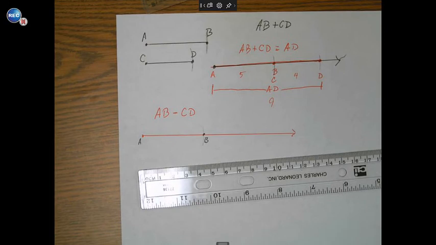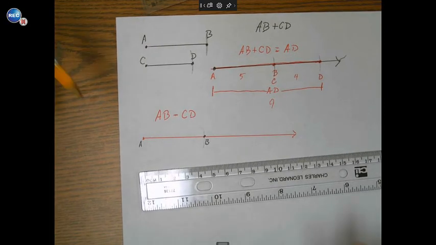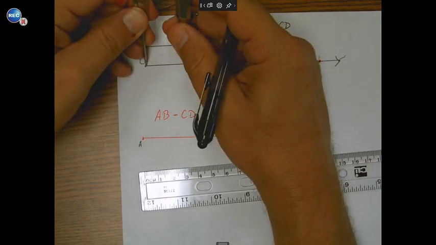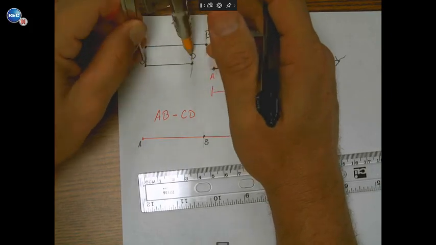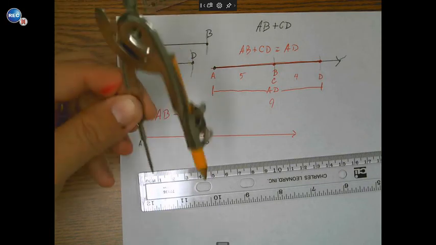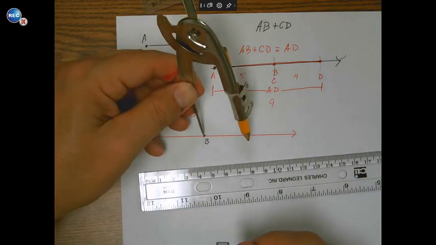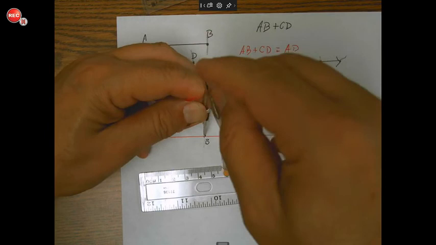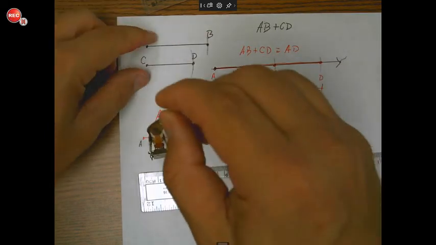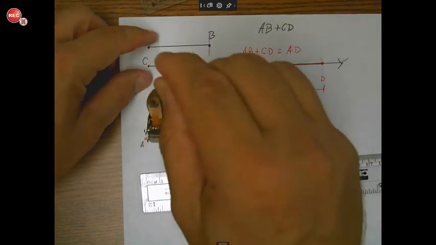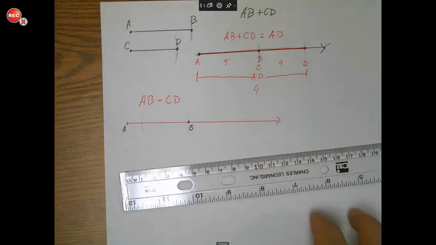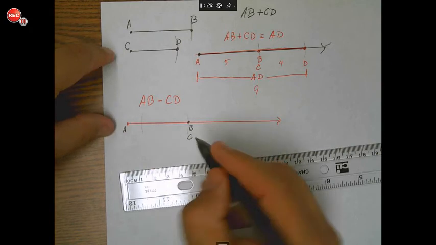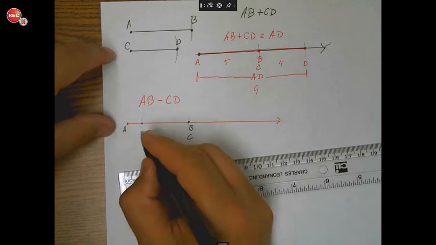There's AB. All right, now I'm going to copy CD. But instead of extending it out like I'm adding it to it, I'm going to turn my compass around and go the other direction. Ooh, look at that. That is clever. It's like I'm taking it away. So then C, and then this point is D.